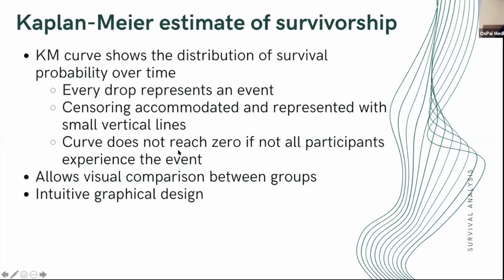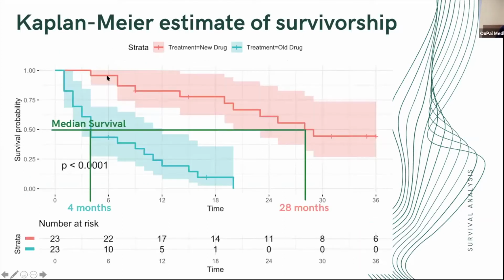And the curve does not reach zero if not all participants experience the event. In this case, not all participants in the new drug experienced death, so they did not reach zero. However, everyone in the old drug group had experienced the event, so the curve reached zero.